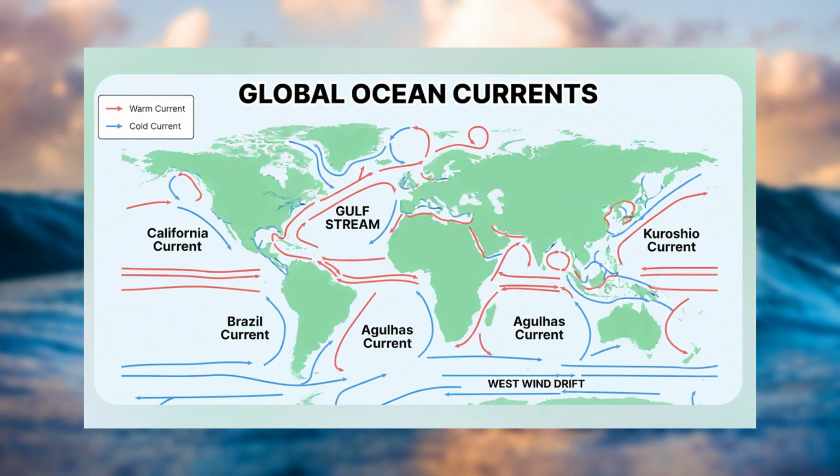These currents are formed mainly due to differences in water density. Seawater density can increase in two ways: when its temperature decreases or when the amount of salt, or salinity, increases. Out of these two factors, temperature affects density much more than salinity.